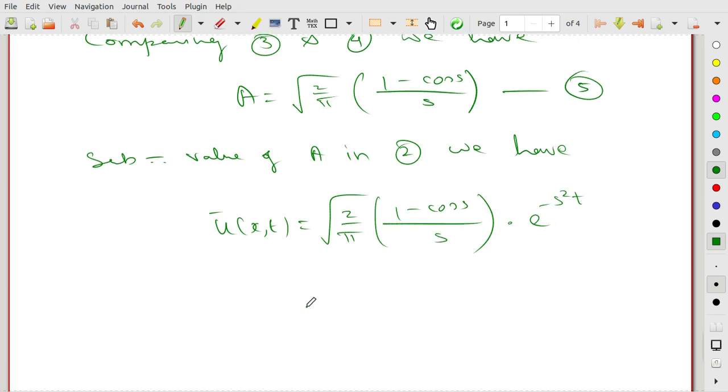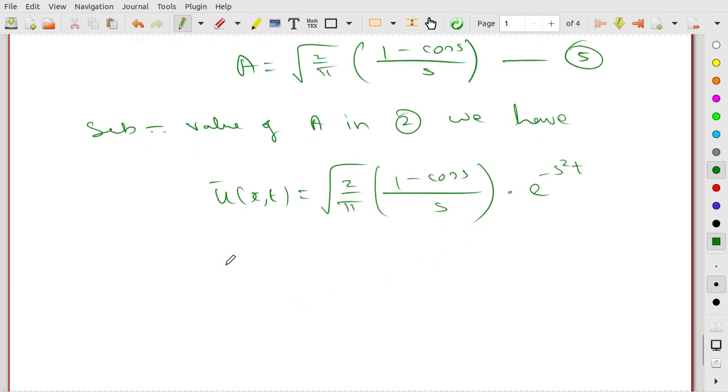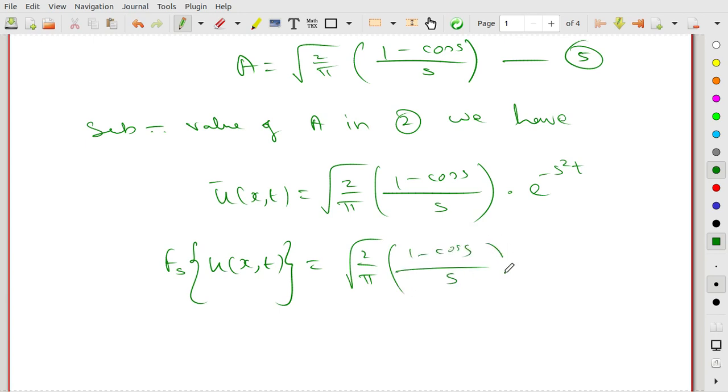Okay, so this u bar is nothing but Fourier sine transform of u of x comma t. And this is equals to root 2 by pi, this u bar is 1 minus cos s divided by s into e power minus s square t.